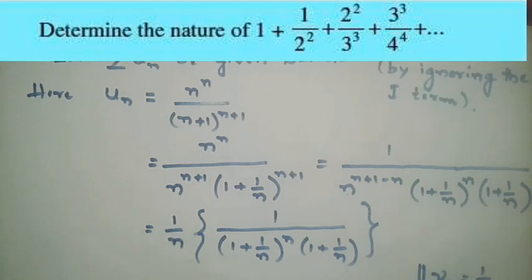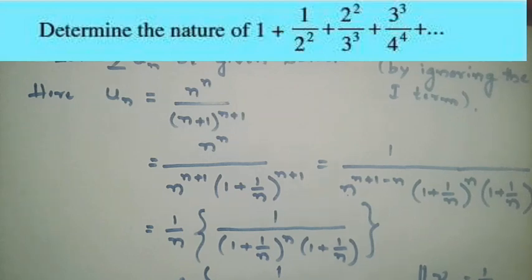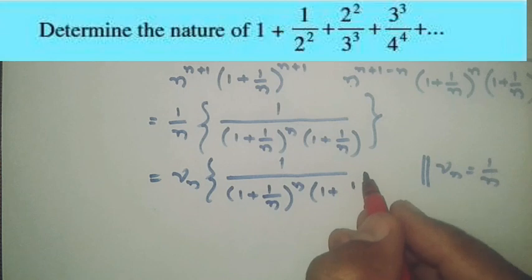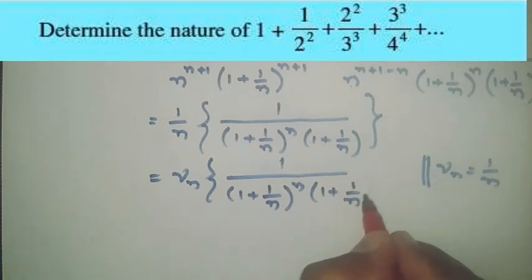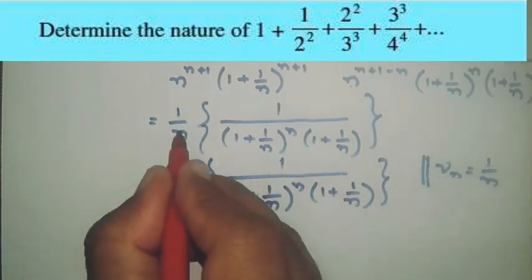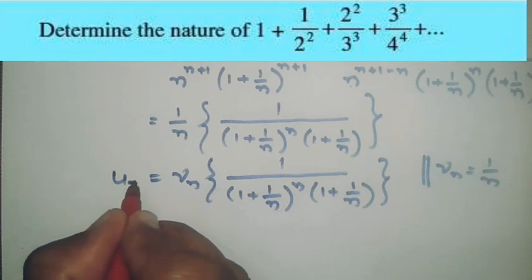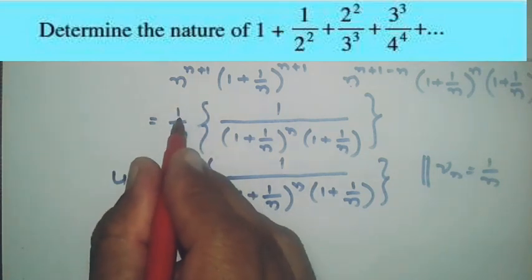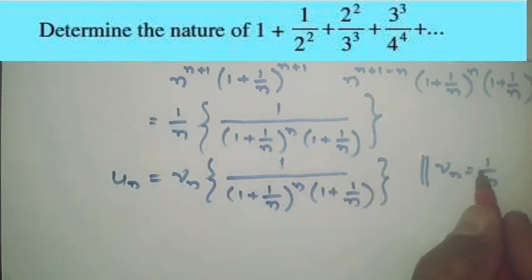Here it is going to be Vn into the same bracket, that is 1 divided by (1 plus 1 by n) to the power n into (1 plus 1 by n). So now on the LHS we are having un. So un equal to this, which has been called Vn as per this definition.